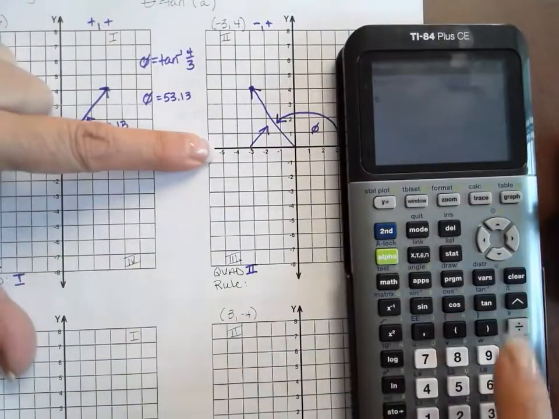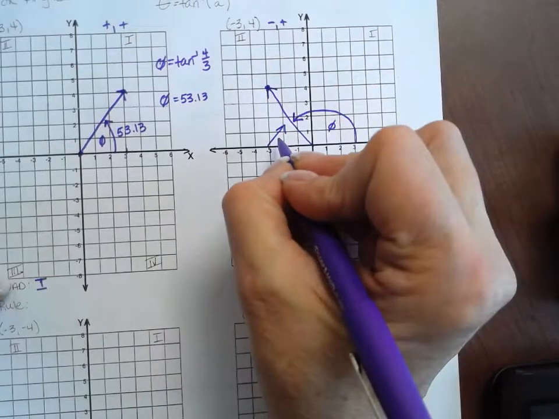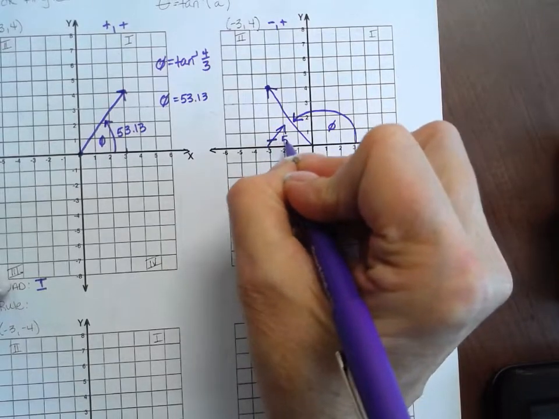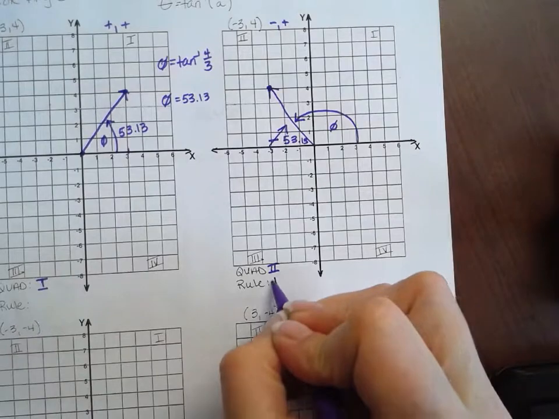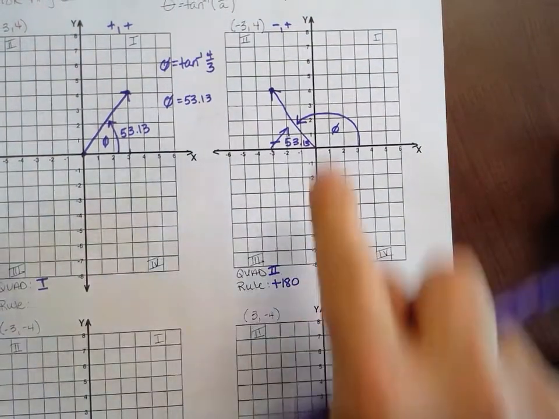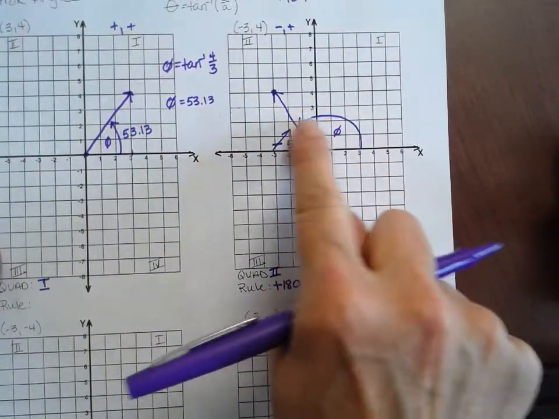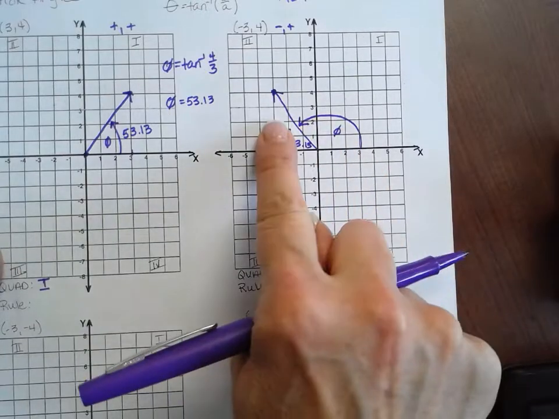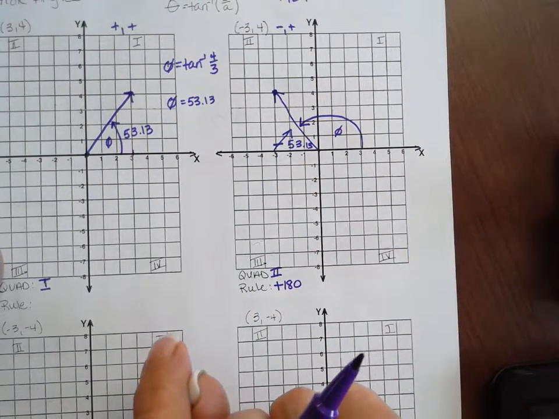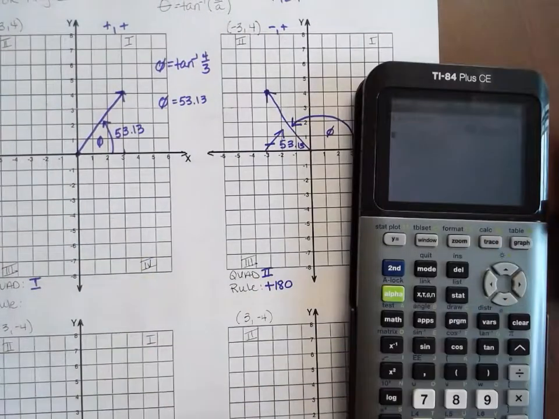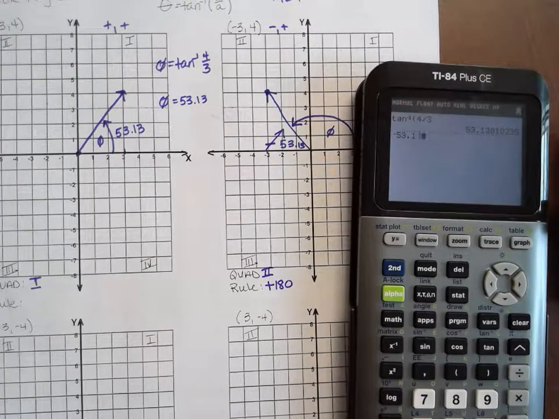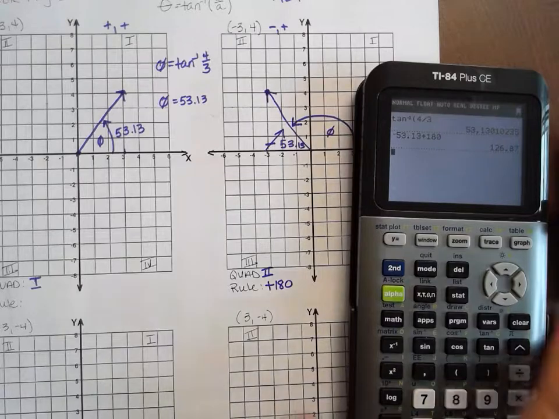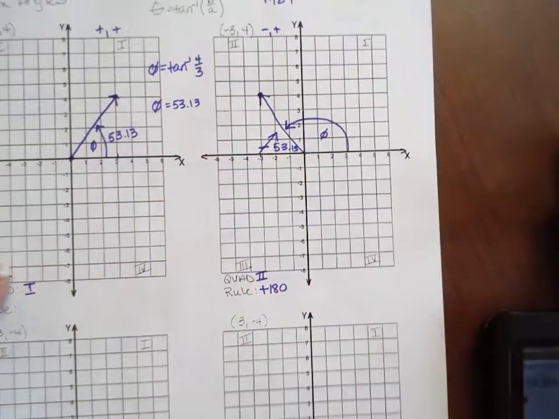So it's going to give back to me a negative 53.13. So if you add 180 to it, that'll give you the full amount. So I would get negative 53.13 plus 180, which is 126.87.